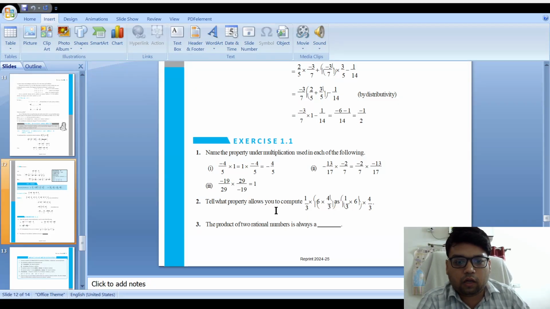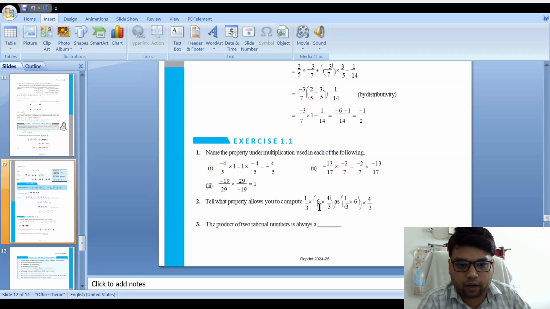Tell what property allows you to compute 1 by 3 cross 6 cross 4 by 3 as 1 by 3 cross 6 cross 4 by 3. You can simply understand this by learning the properties at once. Here the associative property is used.